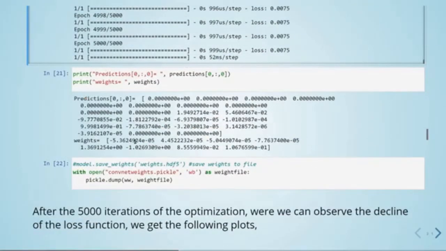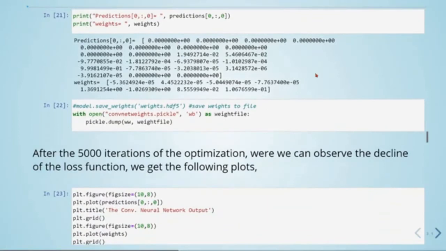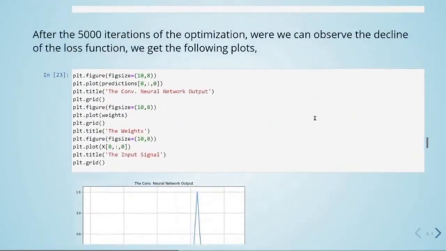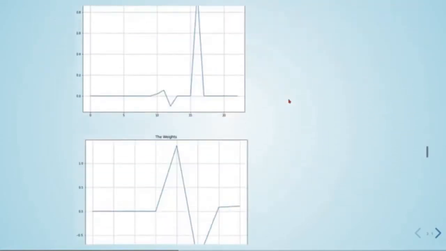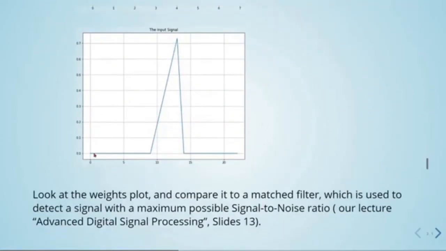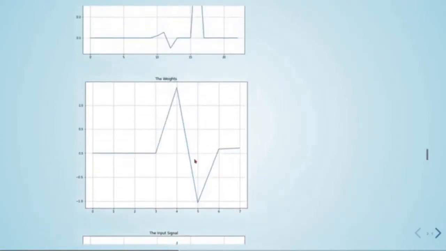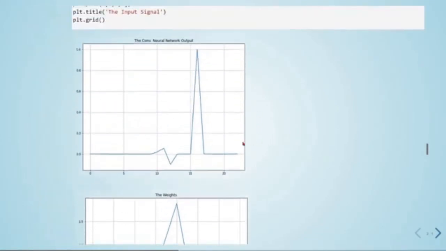So here we have our predictions. We can save our weights, and here we have a plot. So after the 5,000 iterations of the optimization, this was our input signal. This is the weights, and this is the neural network output.